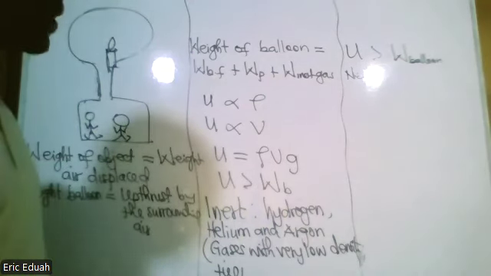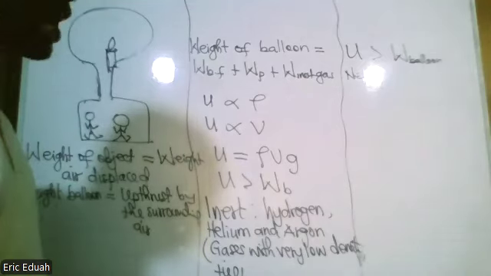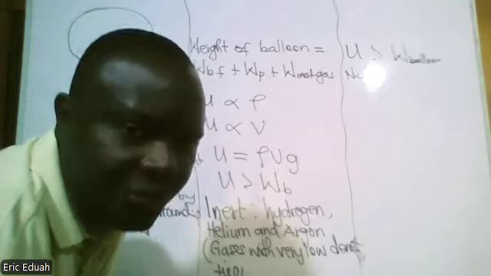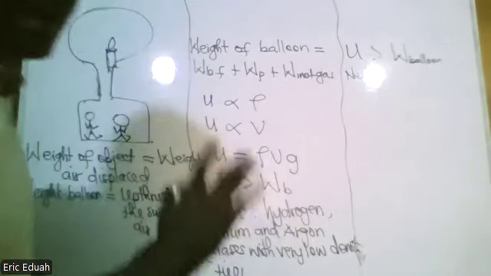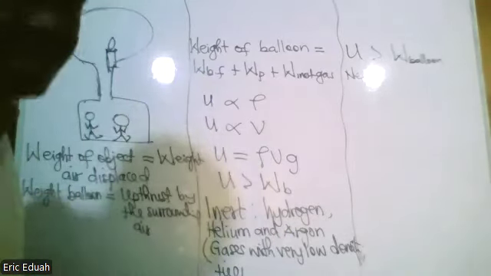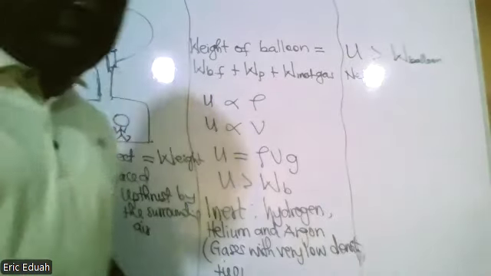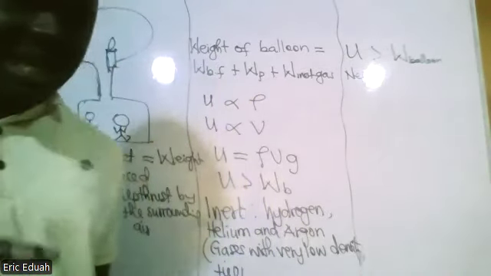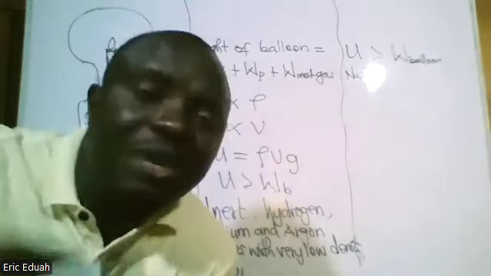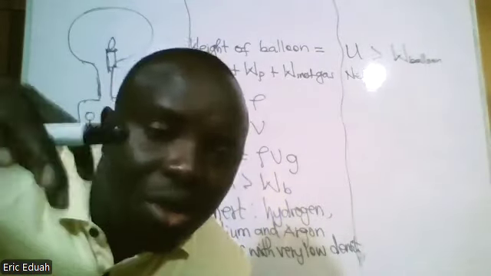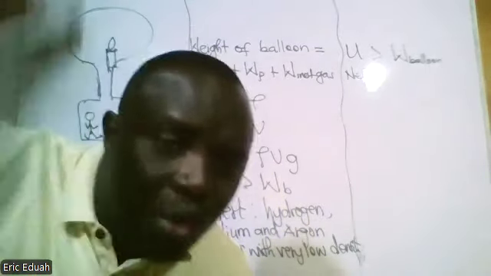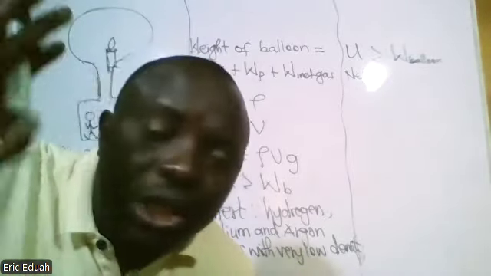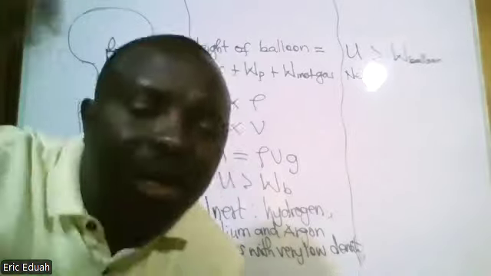So when U is greater than the total weight of the balloon, then the balloon gradually moves up, up, up, and accelerates vertically. Now, once it is accelerating vertically, then we expect that the hot air balloon goes on non-stop, and so it will continue to go on and on.